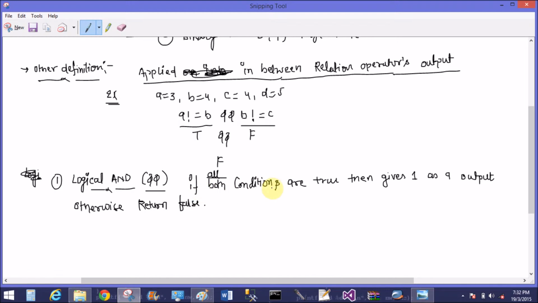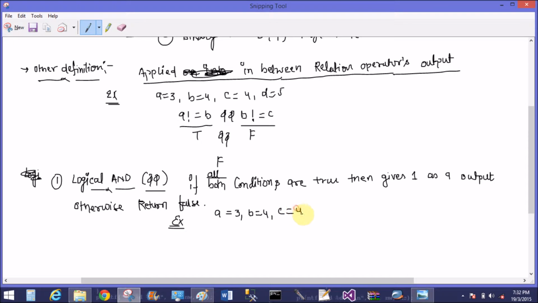If any one condition becomes false, it means you get false as output. For true, all conditions must be 1, it means true.